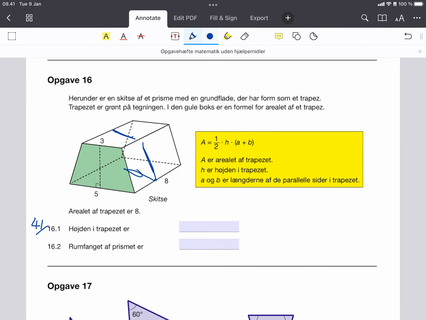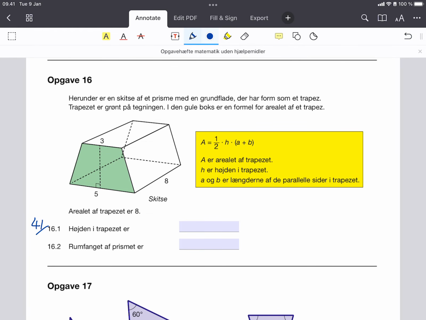Very badly drawn, a little bit difficult with the old Apple pen. And the volume of a prism is just the end area multiplied by the length that end area extends throughout. So if we can work out the area of the trapezium at the end, and multiply it by 8, that will be the volume of the whole thing.